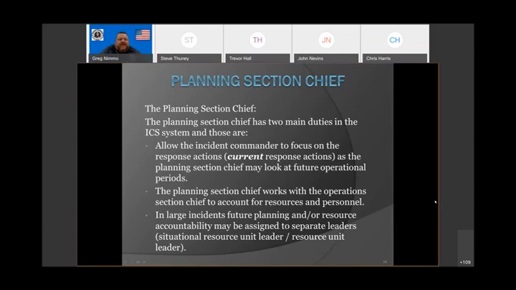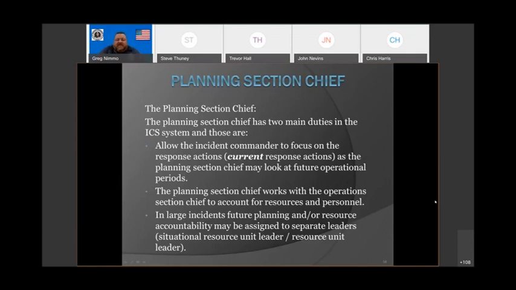In the planning section chief position, you really have two main duties in the ICS system, and that's to allow the incident commander to focus on the response of what's going on right now. The planning section chief is the crystal ball guy, not only looking at what's happening right now, but looking to future operational periods, trying to keep that perspective.